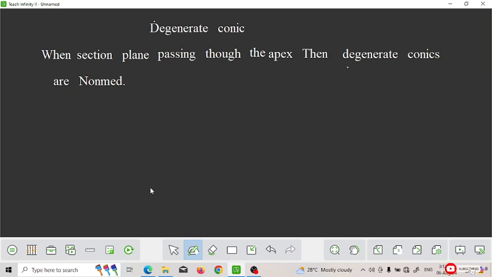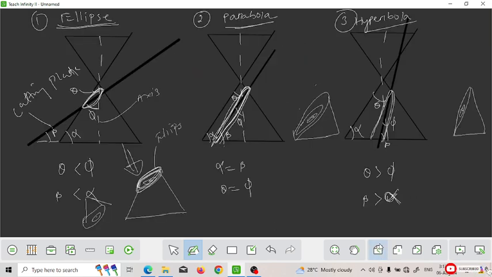So in this case just see the ellipse case, parabola case and hyperbola case.